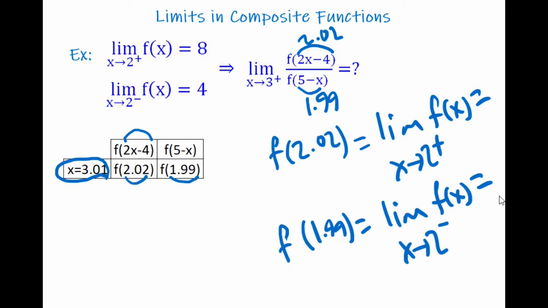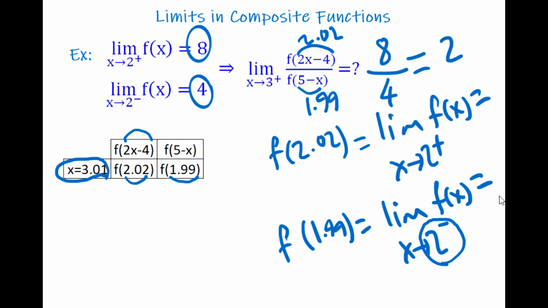As you can see, when x goes to 2 from the right, the limit is 8. So it's going to be 8 divided by the limit when x goes to 2 from the left, which is 4. So we're going to have 8 divided by 4, which gives us the result of 2, guys.